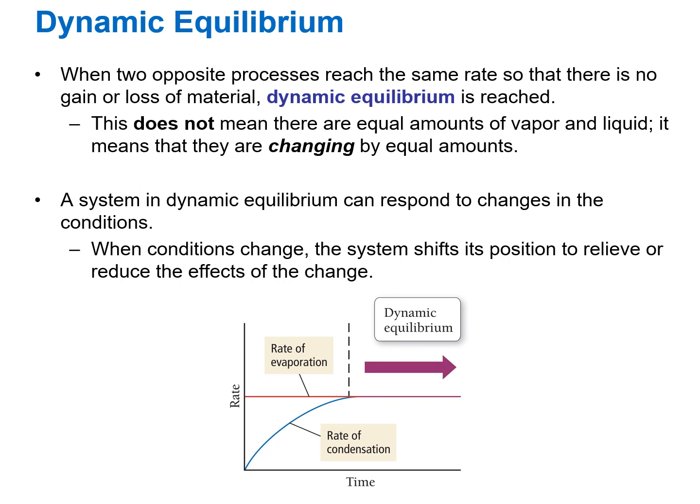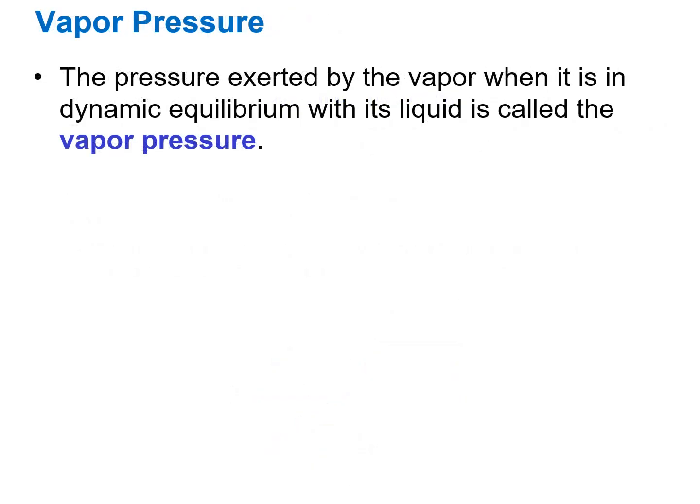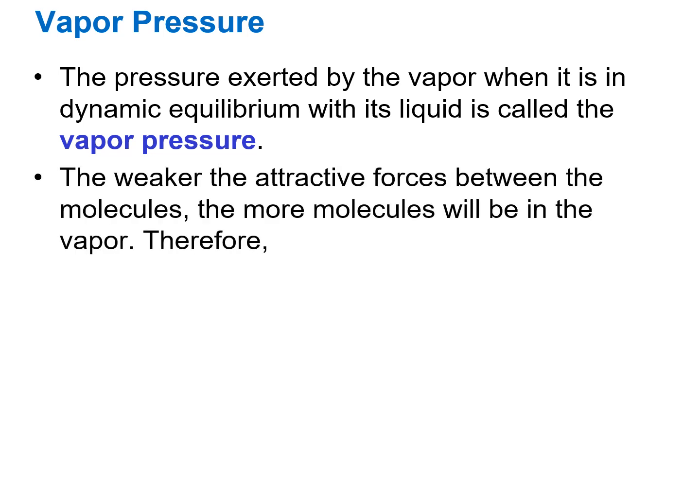Now, vapor, like any sort of gas, is going to exert pressure. And the pressure exerted by vapor when it's in dynamic equilibrium is its vapor pressure. So once it's reached that equilibrium, that's what we would call the vapor pressure. Now, the weaker the attractive forces of the liquid, the more the molecules will be in the vapor.